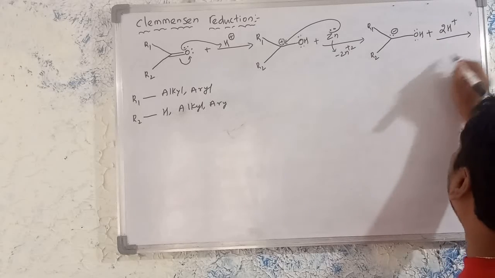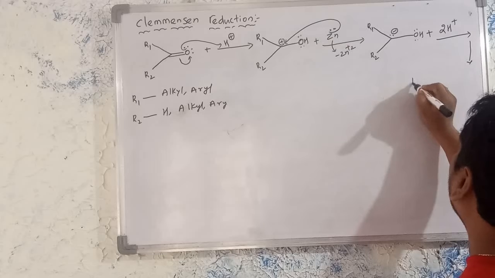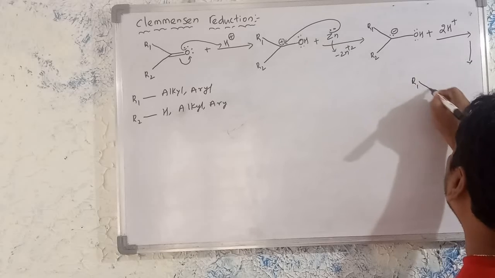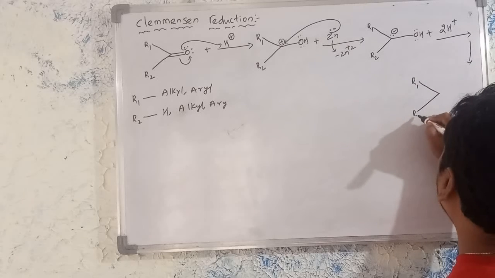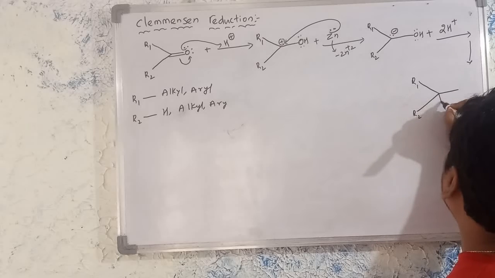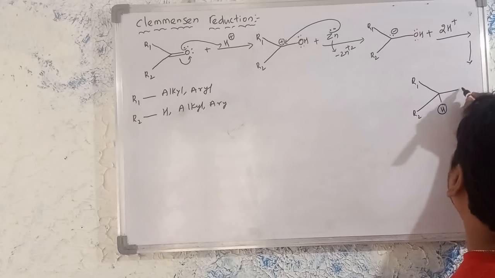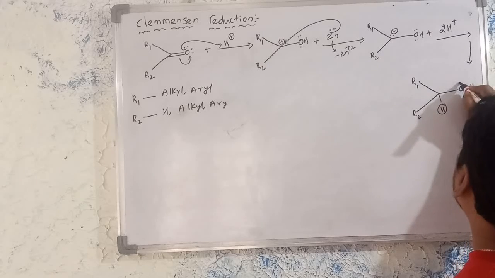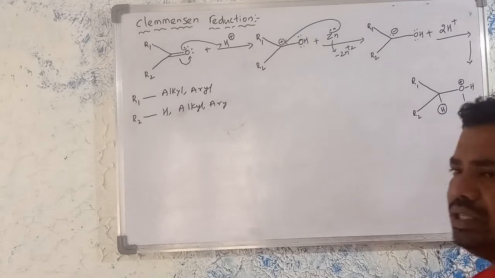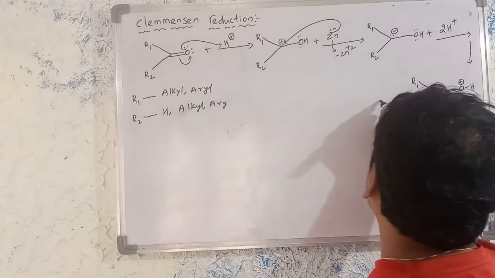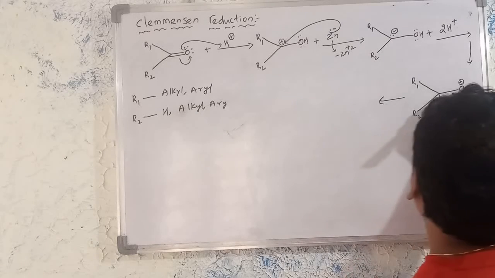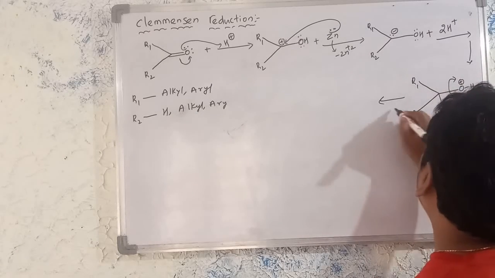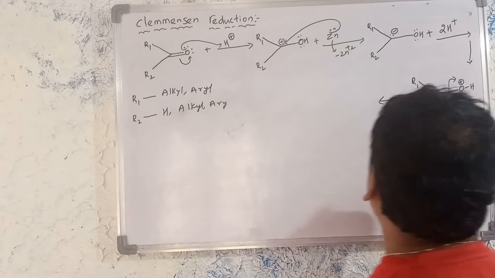Here we will see the product R1 R2, with one hydrogen added here and another hydrogen added here. So this is a positive charge. In the next step, it leaves a water molecule, minus H2O.